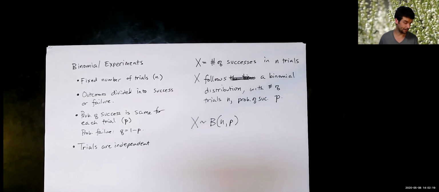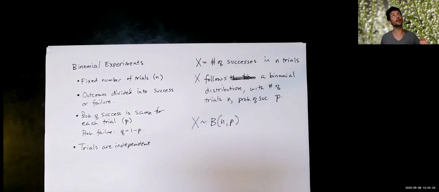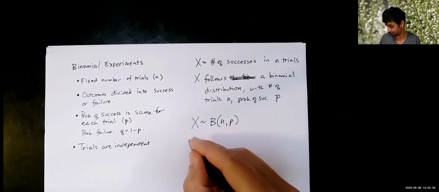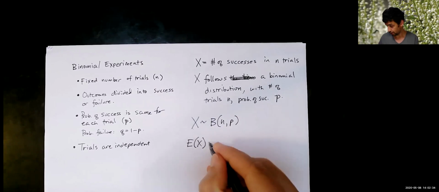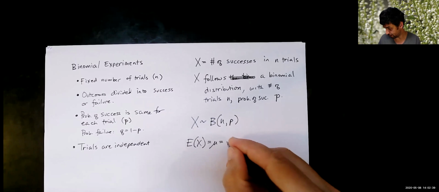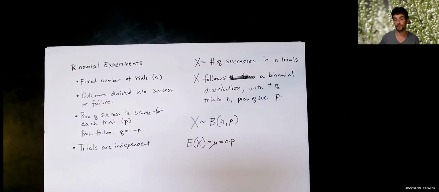Remember, we've computed expected value in the past. We have to multiply the value of our variable times the probability of that value and add them all up. Well, it turns out if we want to do that for a binomial random variable, the expected value, remember we also call it mu, is simply the number of trials times the probability of success.